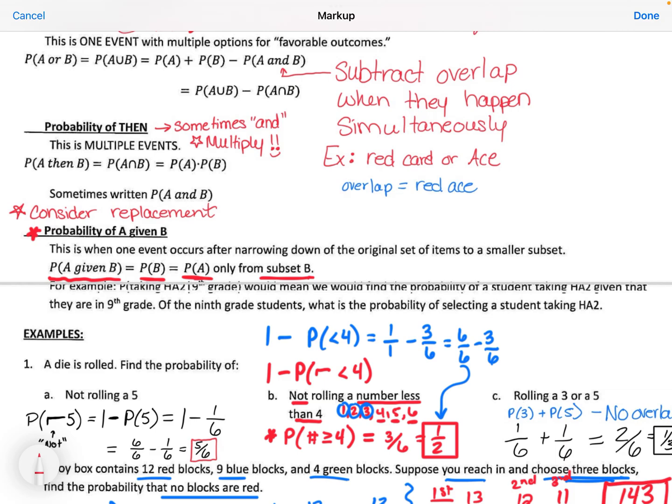So of the 9th grade students, that becomes your population. And of the people in that population, the 9th grade population, we want to know how many of them are taking honors algebra 2. So that's the given statement.